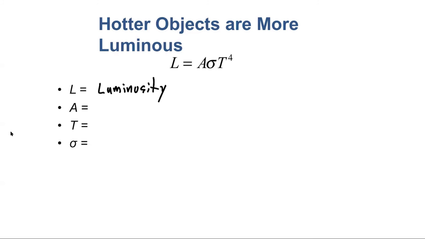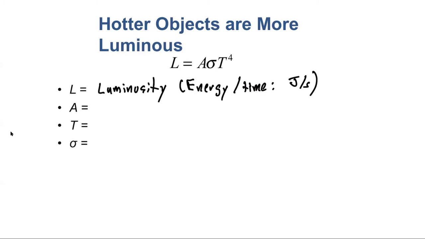I've used it before, maybe even in this video. Luminosity is the intrinsic brightness of an object. It is how much energy, it is energy per second. Energy per time, really, or joules per second if you'd like to use our normal units. So it's how much energy an object is giving off per unit time.